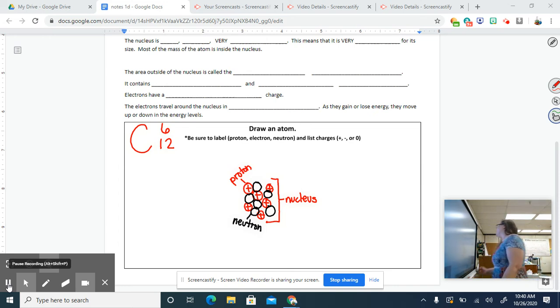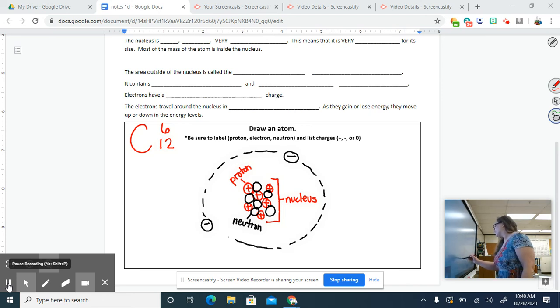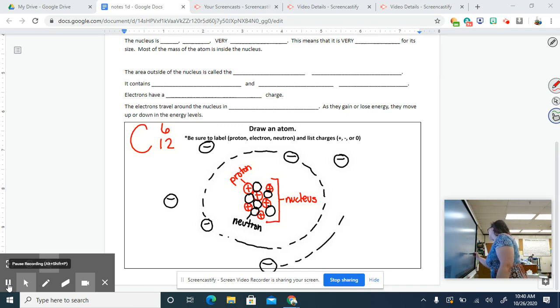So we need to put in those 6 electrons in these energy levels outside. So we're going to put in 1, 2 on the first energy level. And then 3, 4, 5, and 6 all go on the second energy level.